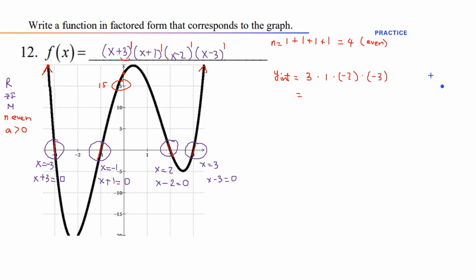So 3 times 1 is 3, times negative 2 is negative 6, times negative 3 is 18. And that kind of matches, because we have 1, 2, 3, 4, right? So this one will be 1, 2, 3, so it's 15, and 3 will be 18 right here. So that matches. And then we're good to go.